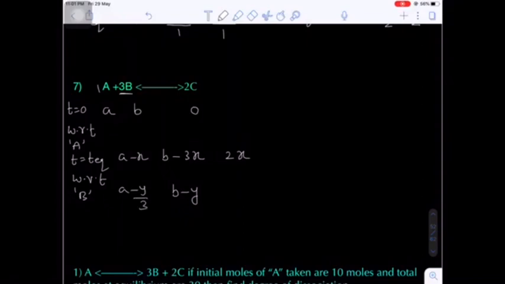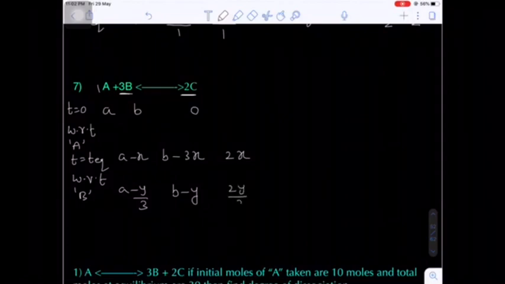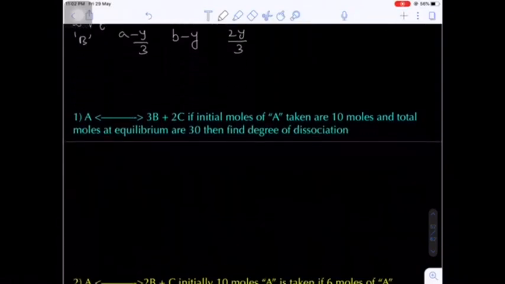Y by 3 moles of A. Okay. Now 3 moles of B will give 2 moles of C. Y moles of B will give 2Y by 3 moles of C. Are you getting my point? Here there are two reagents A and B, out of which one is the limiting reagent, according to which we have to solve the problem. Are you getting my point?